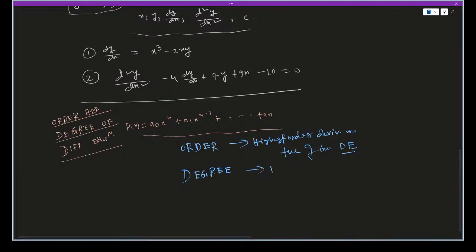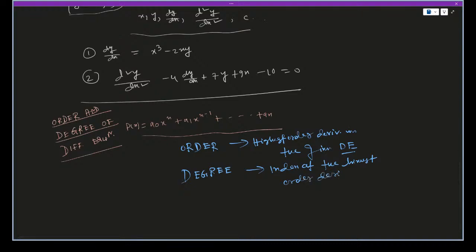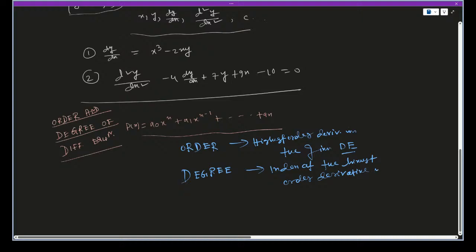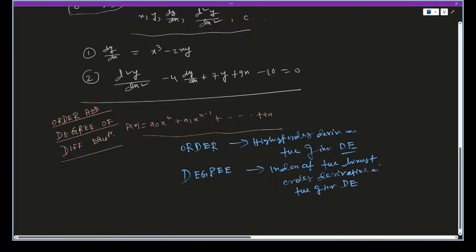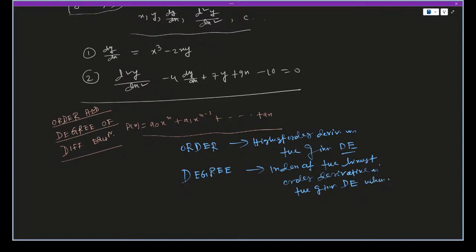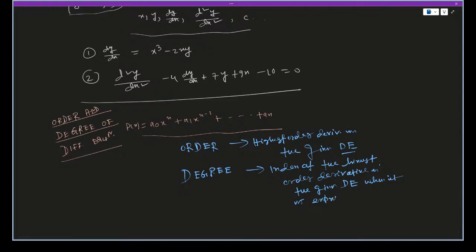Degree means the index of the highest order derivative in the given differential equation when it is expressed in the form of a polynomial.